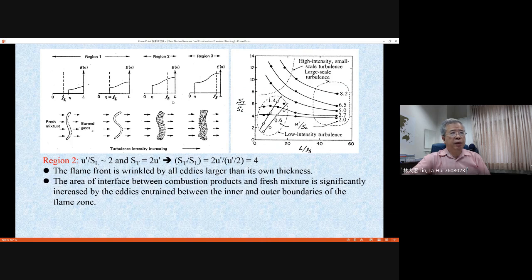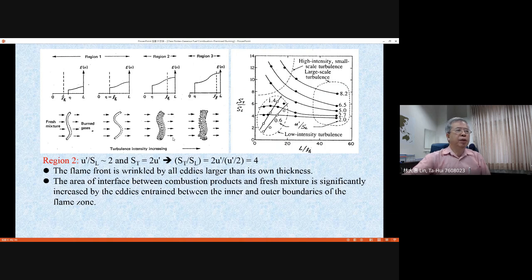In this part, from LH to L, the scale of your turbulent eddy is large enough that it just gives you wrinkling or curvature of the flame shape. But small eddies with a size smaller than the flame thickness have a strong possibility to penetrate into your flame.